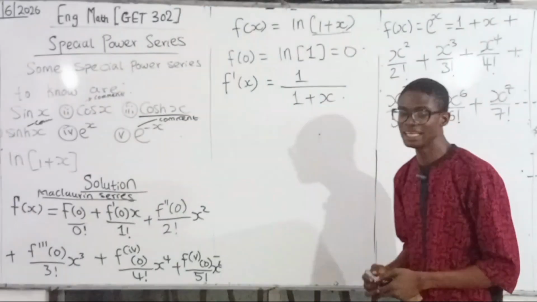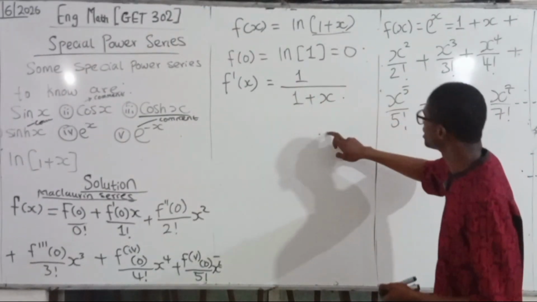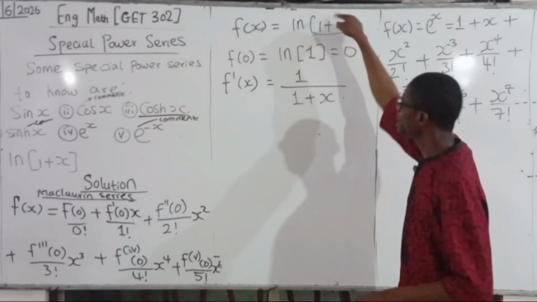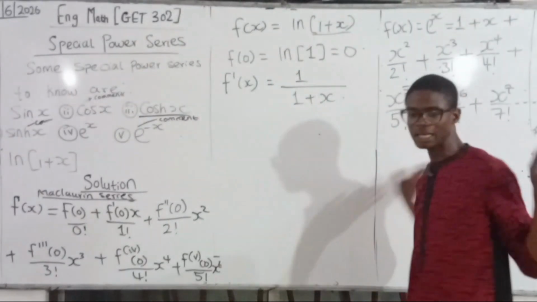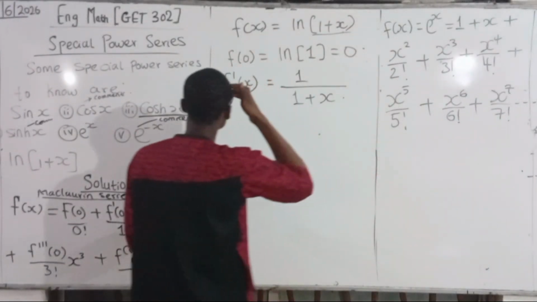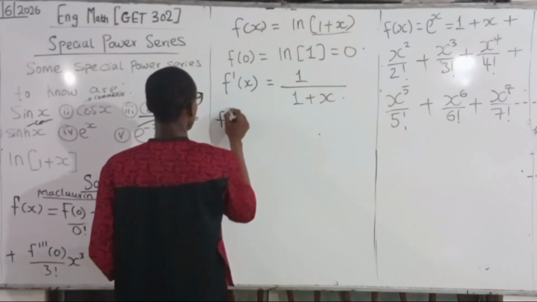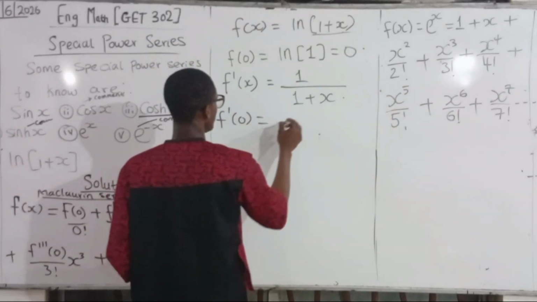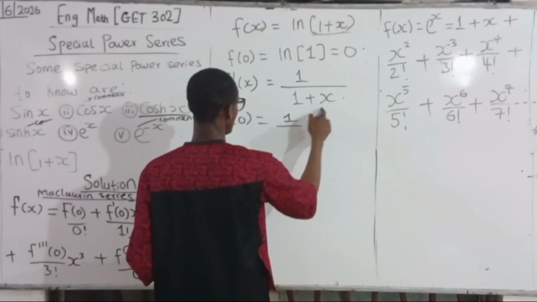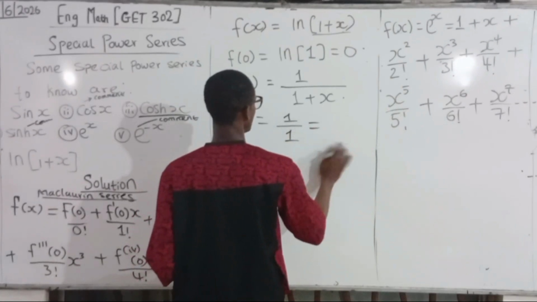That's why when you differentiate ln x, you get 1 over x: you differentiate the x, you get 1, all over, you write the x back in the denominator. That's how you differentiate it. So now we have this. If you input 0, it becomes f prime of 0, which gives you 1 all over 1 plus 0, so 1 over 1, which gives you 1.